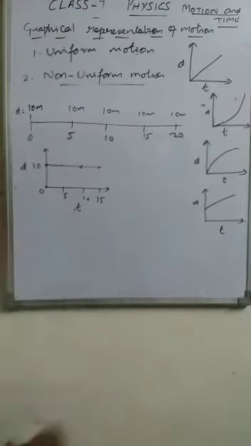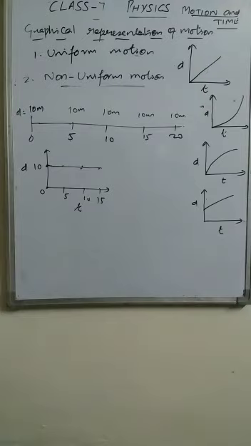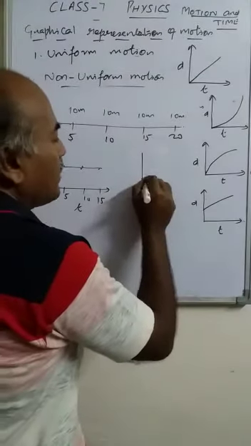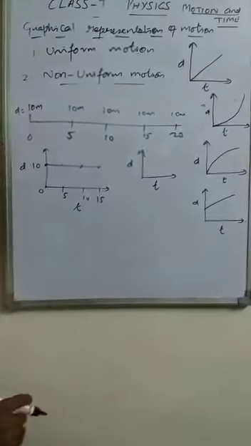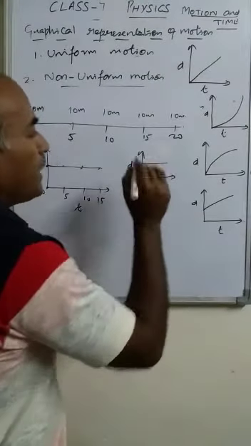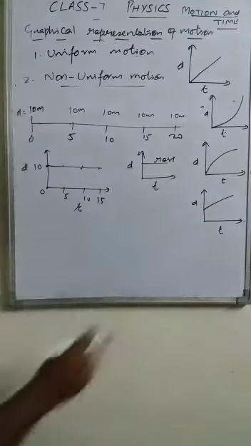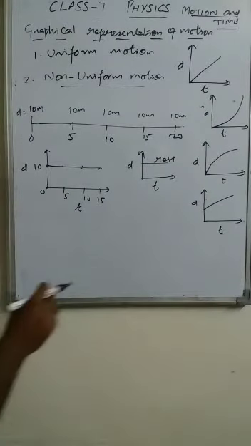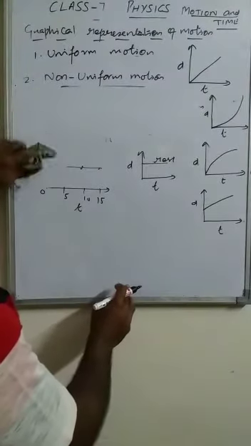Now the graph comes as a line parallel to the time axis. Whenever we get a line parallel to the time axis in a distance-time graph, it is said to be at rest. So these are the various types of graph.